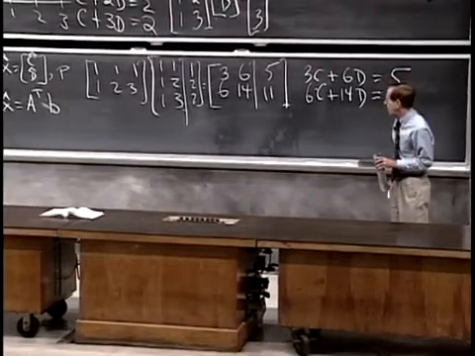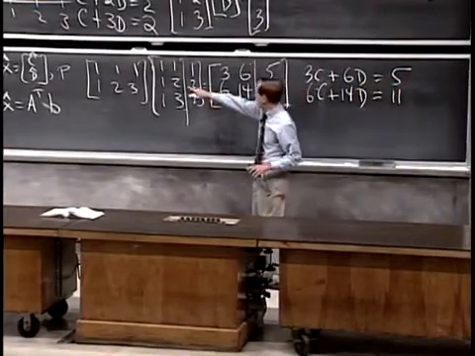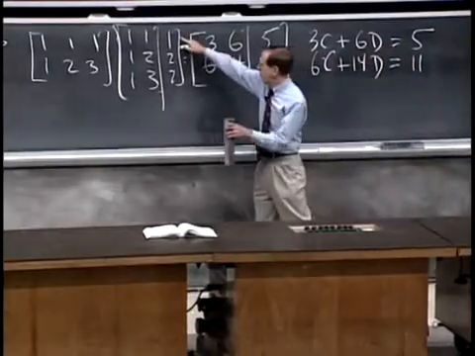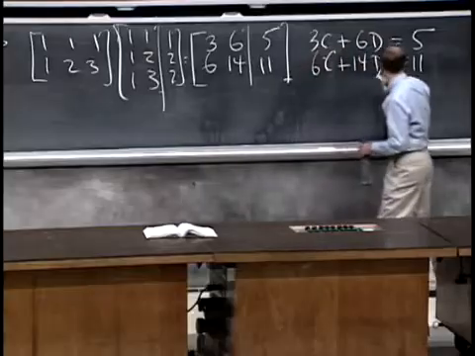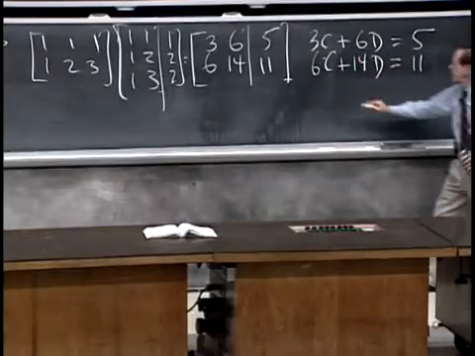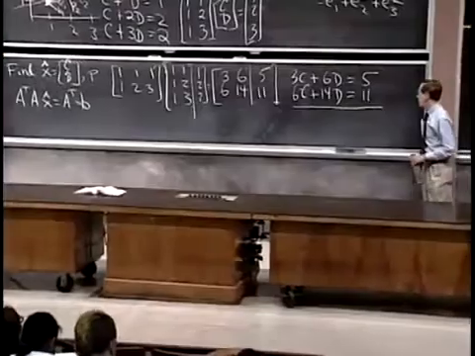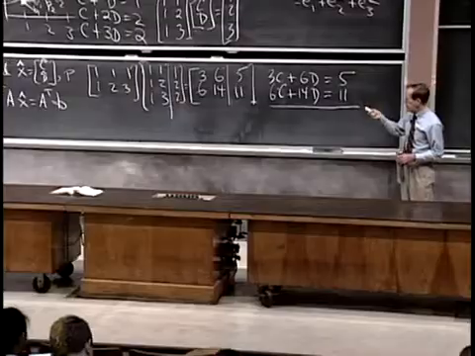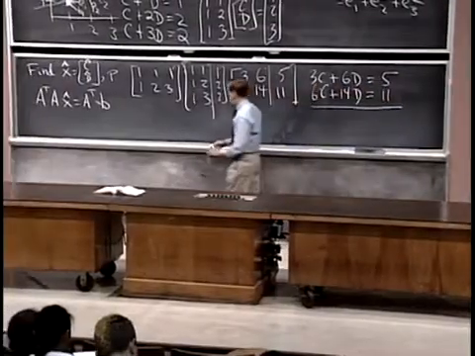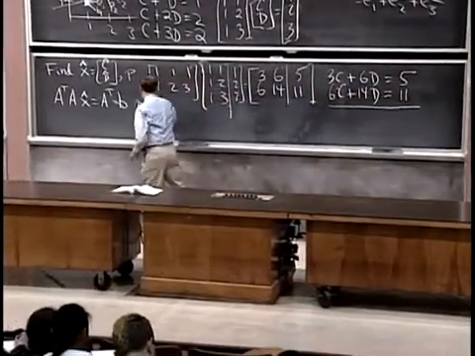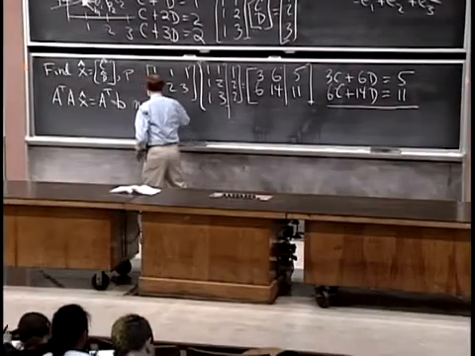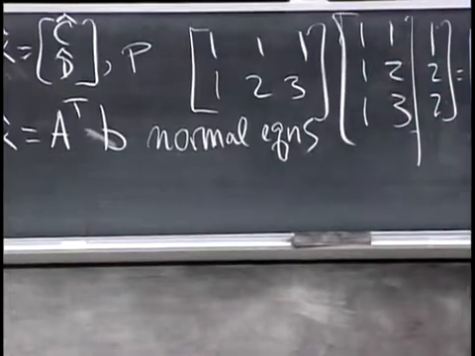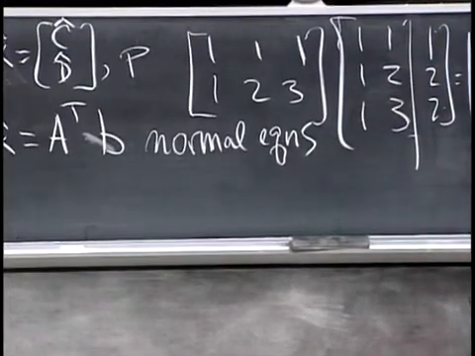Can I just, for safety, see if I did that right? 1, 1, 1 times 1, 2, 2 is 5. 1, 2, 3 times 1, 2, 2 is 1, 4, and 6, 11. Looks good. These are my equations. They're called the normal equations. I'll just write that word down. So I solve that for C and D.